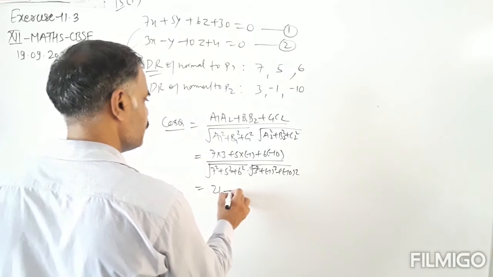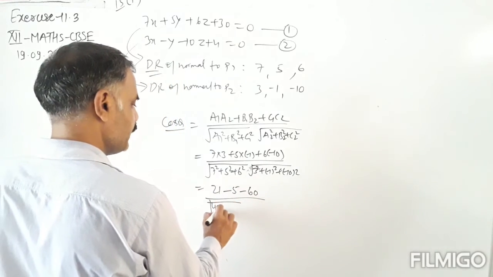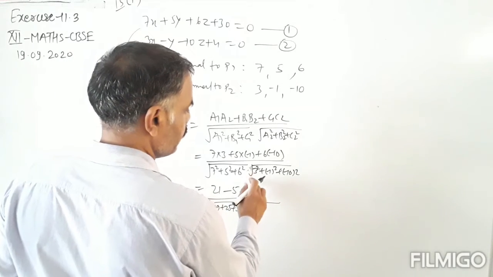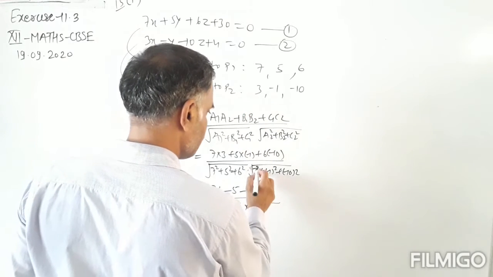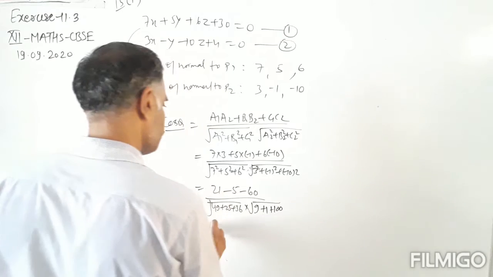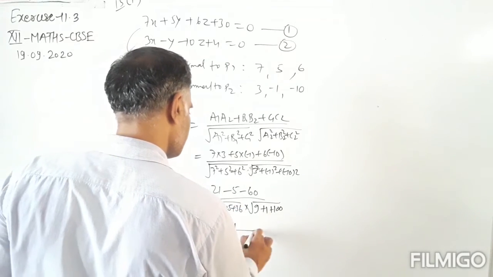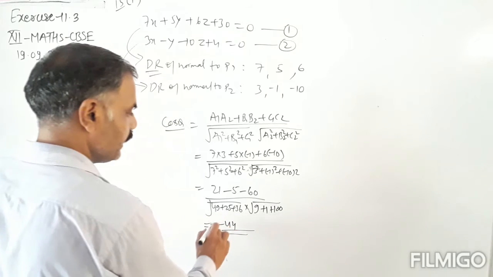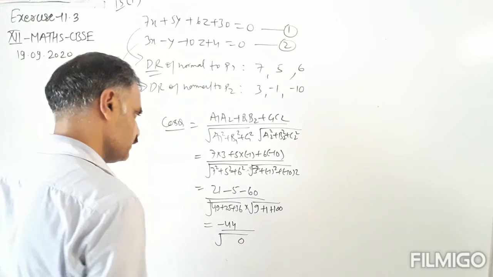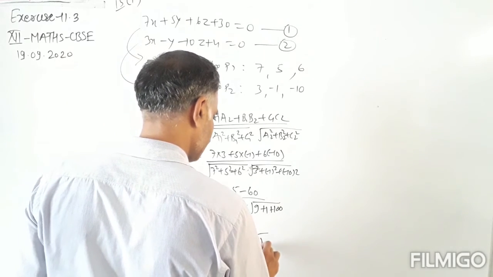Okay, so this equals 21 minus 5 minus 60 upon under root 49 plus 25 plus 36 into under root 9 plus 1 plus 100, which equals minus 44 upon under root 110 into under root 110.